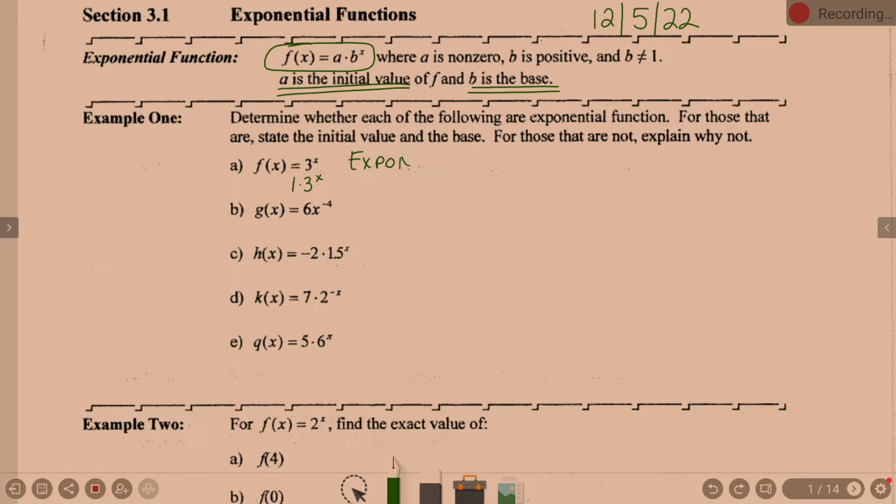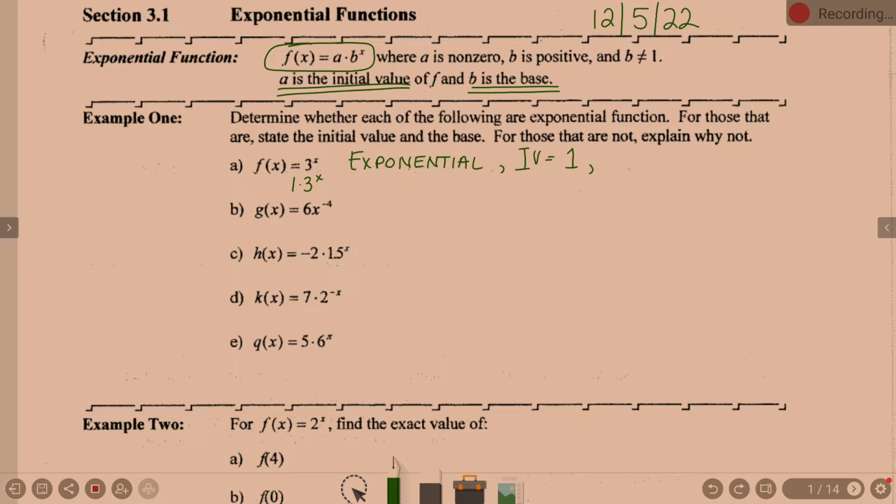I'm just going to say exponential. You can say yes if you want. Now, I shouldn't have circled that yet, because we need to talk about what's our initial value. I'm going to write IV for initial value is 1.